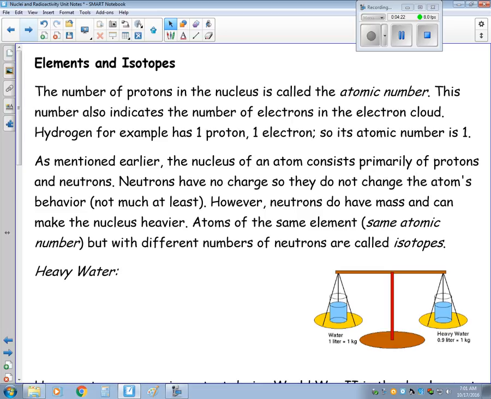The nucleus of an atom consists primarily of protons and neutrons. Neutrons have no charge, so they do not change the atom's behavior. Well, at least not much. Neutrons do have mass and can make the nucleus heavier, though. So atoms of the same element, so the same atomic number, but with different numbers of neutrons, are called isotopes.